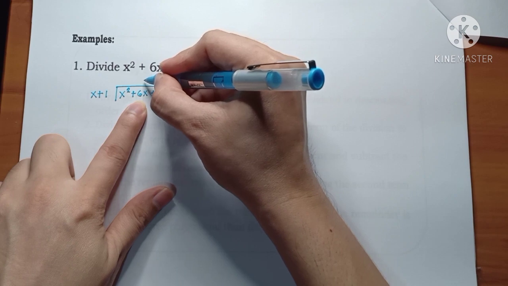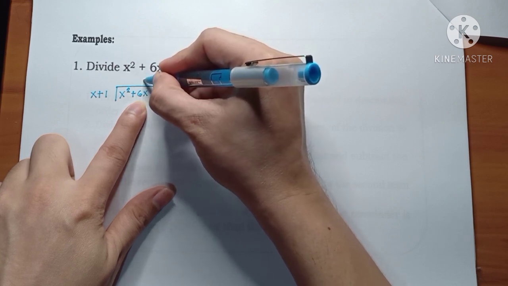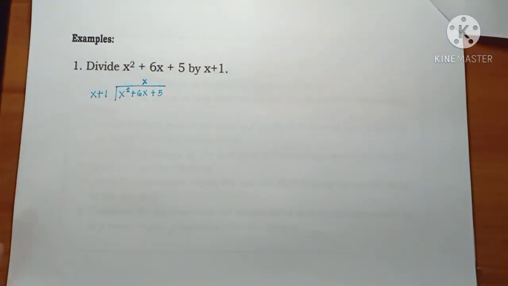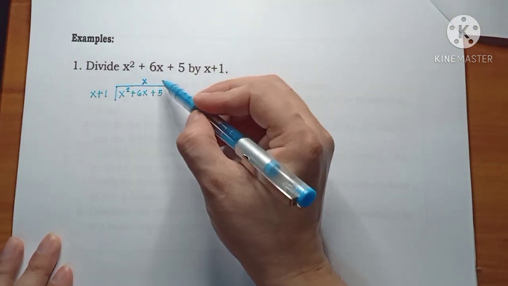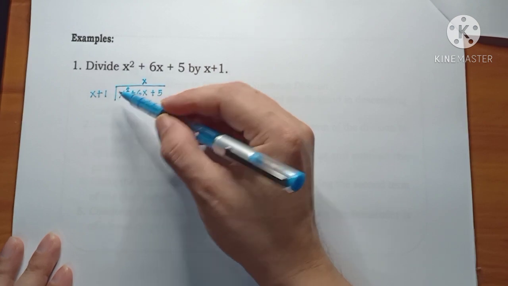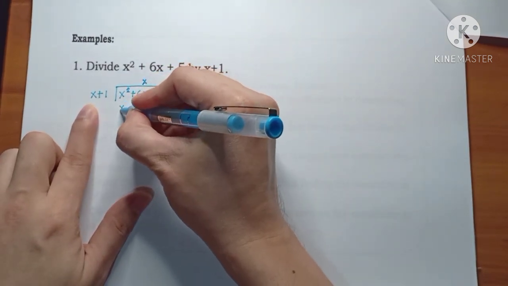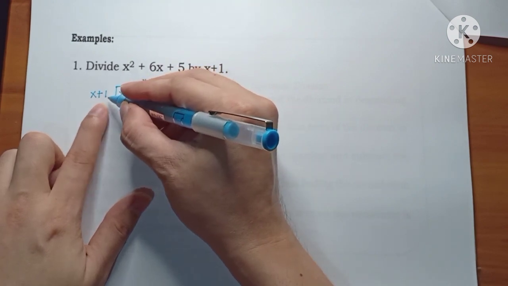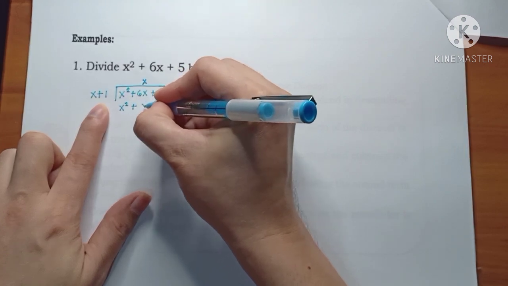Pag nakuha na natin ang kanyang quotient, multiply natin siya sa kanyang divisor. So, x times x plus 1: x times x is x squared, and then x times 1 is x. So, that is positive x.